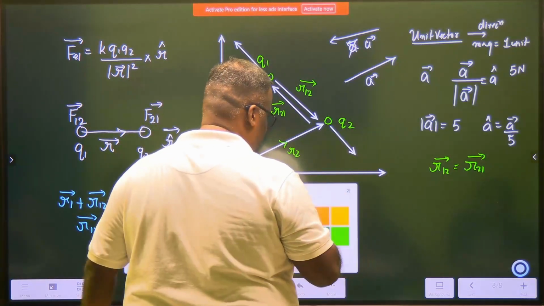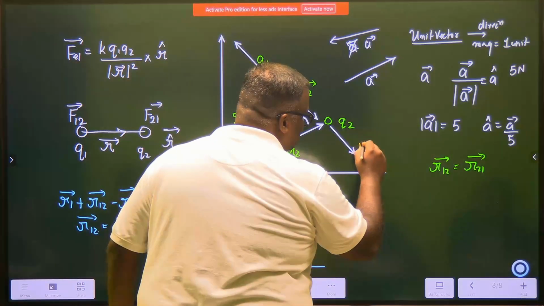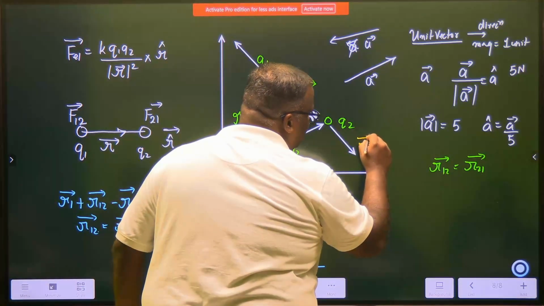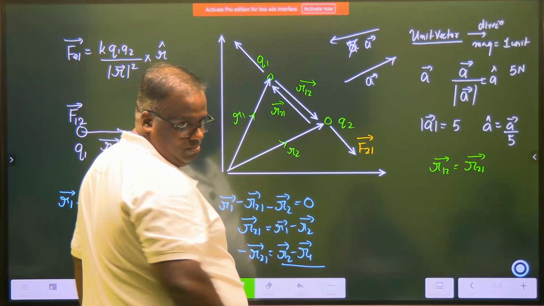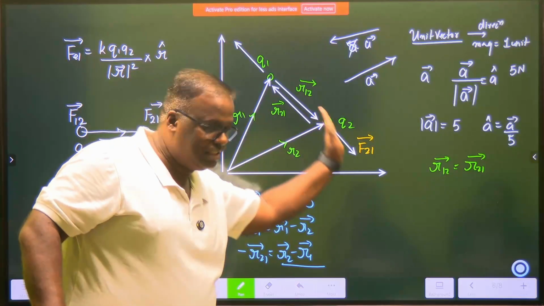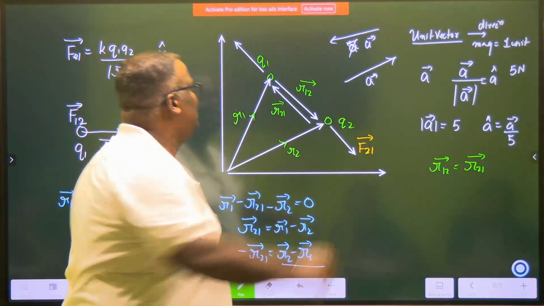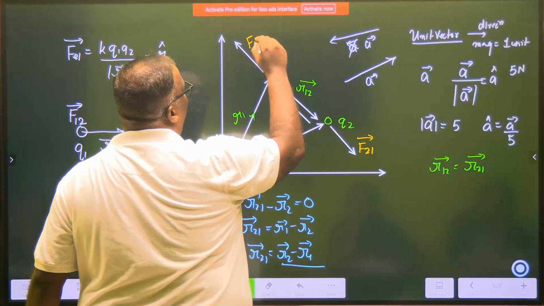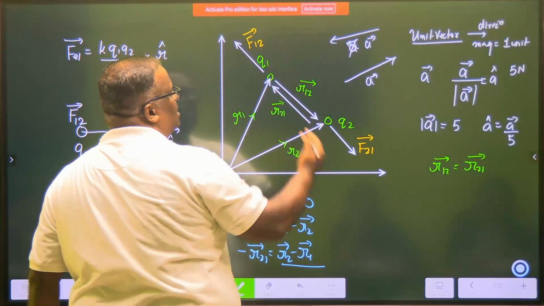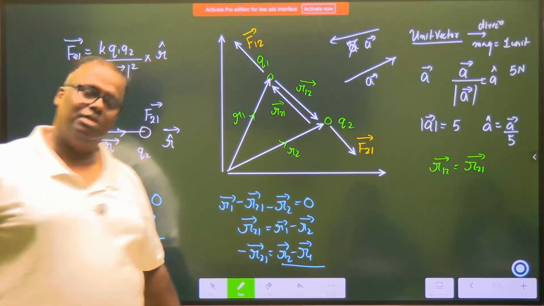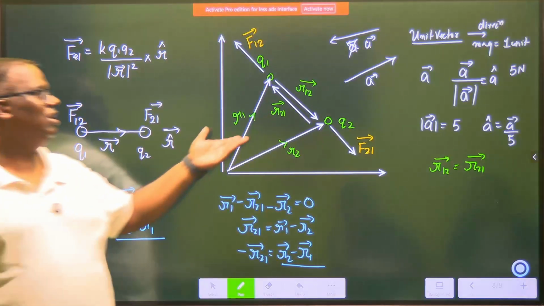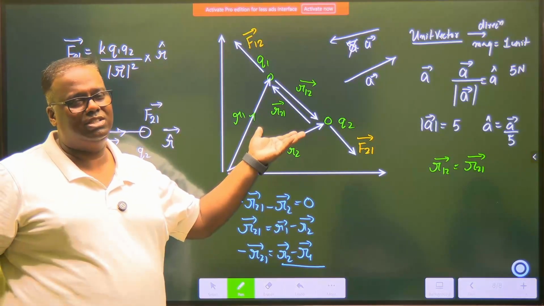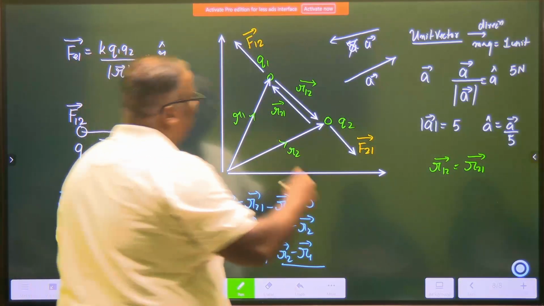Can I write that this is the force F21, the force on 2 due to 1, acting along the vector r12, whereas this is the force on 1 due to 2, acting along r21. Right? So now you can apply your law and straight away write. So already proved. Why should we wait?